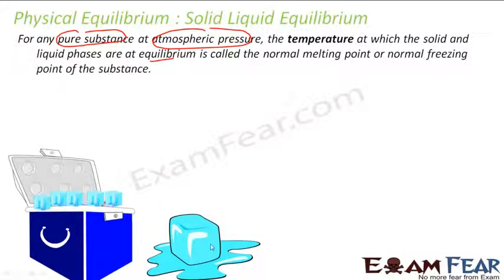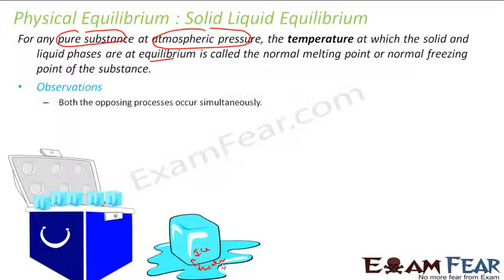In this case, I have ice here and it melts to water; they are in equilibrium actually. Some of the molecules from the surface of the ice come out and become water, and some of the molecules from the water go and become ice. That's dynamic in nature, it keeps happening.